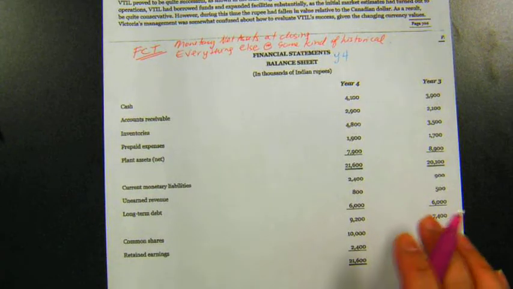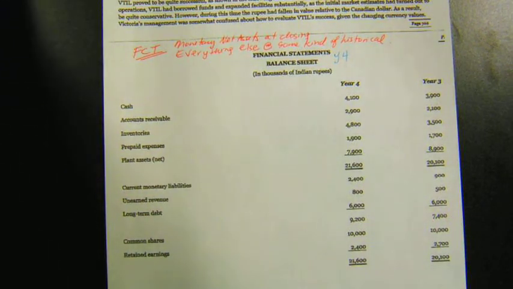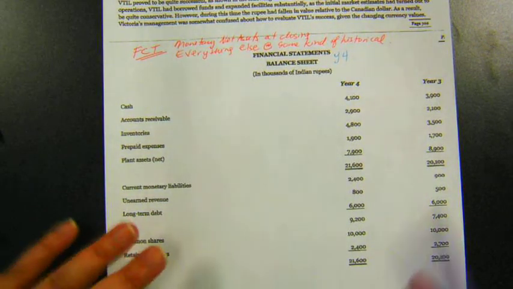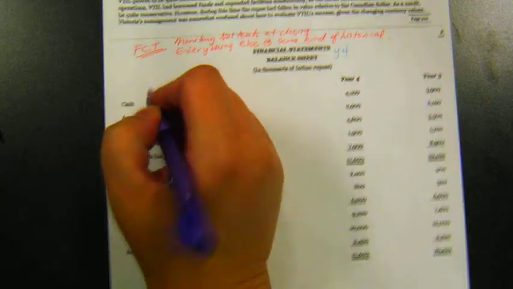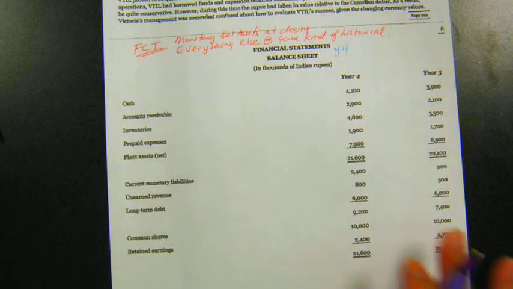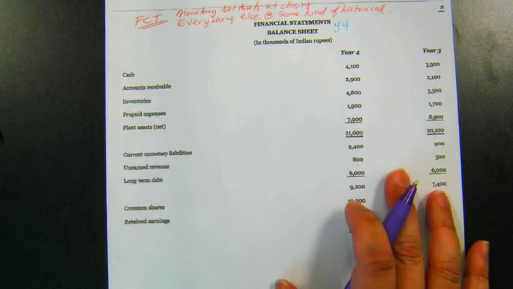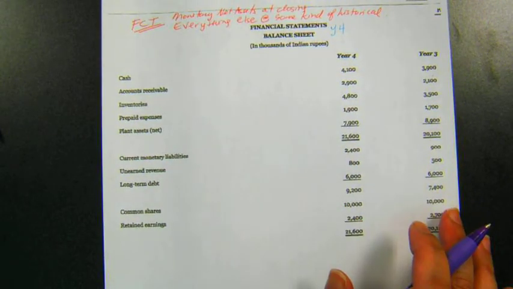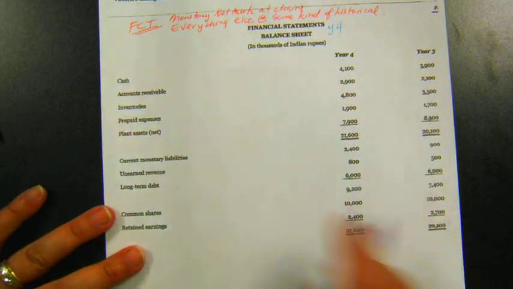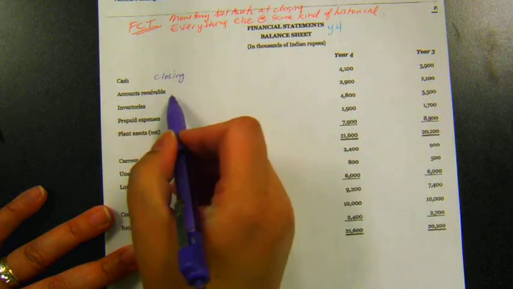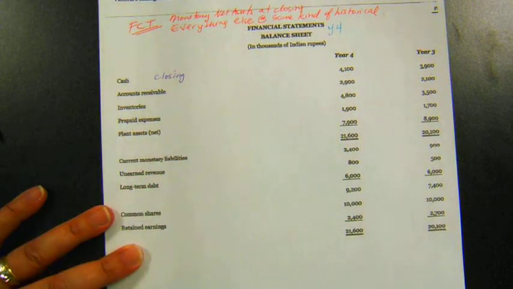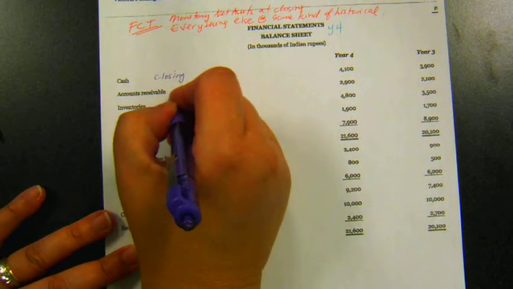So first let's determine what they're each going to be. Cash, is it going to be historical or closing? Monetary? Definitely. So it is at closing. And I'm just going to write closing or whatever, then we'll find the rates. Accounts receivable?